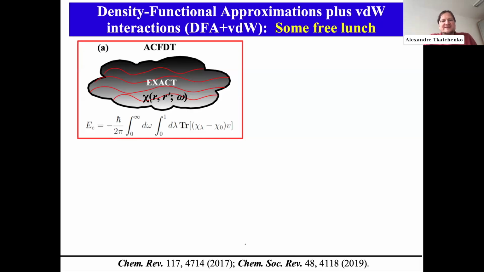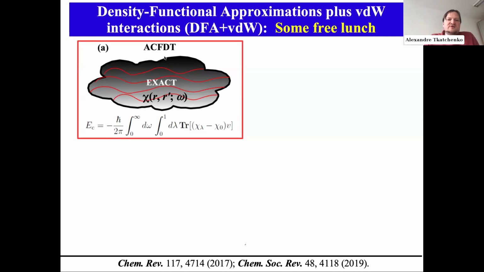This is the so-called density-density response function chi, which is a non-local function that measures the change of the density at point r prime in response to a change of the potential at point r. Well, this function is, of course, non-local and highly complicated, time or frequency dependent as well. Nevertheless, if we could construct good approximations to this function, we could, in principle, get a very reliable way to include non-local electron correlations, van der Waals interactions, and so on.